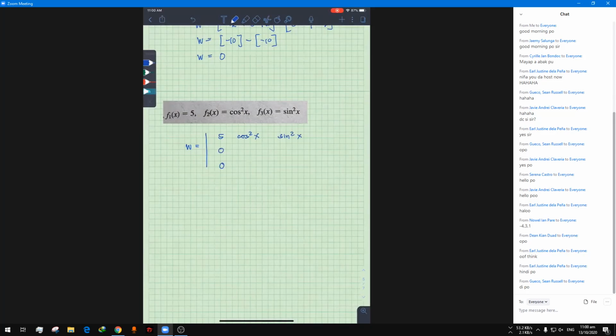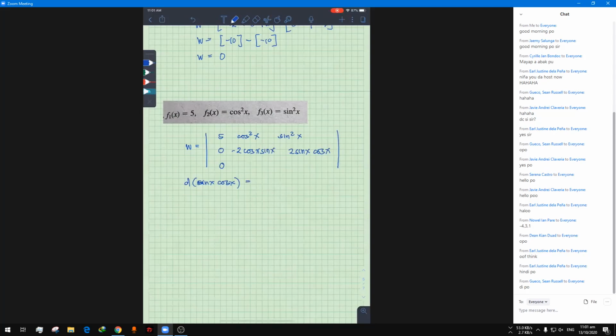Cosine squared would be negative 2 cosine x sine x. Tapos ang sine squared will be 2 sine x cosine x. Kaya lang, ang derivative ng cosine x, separate ko. So, sine x cosine x.